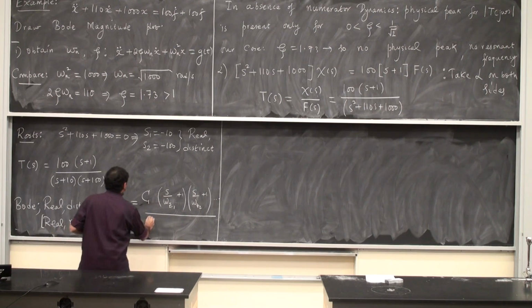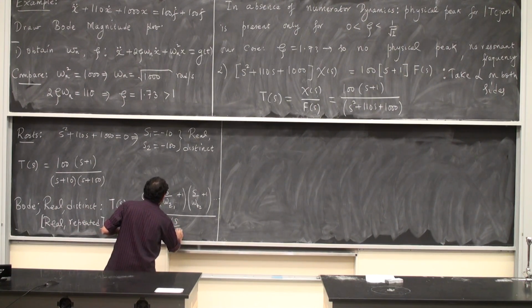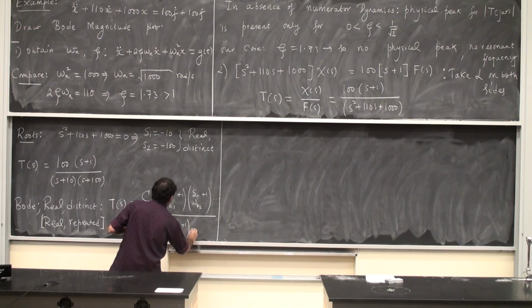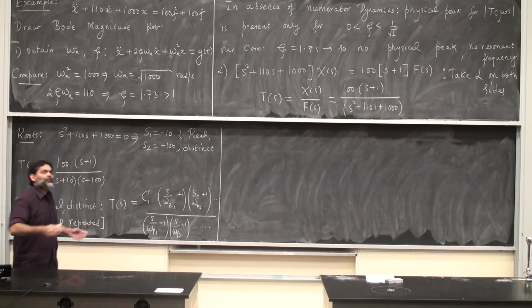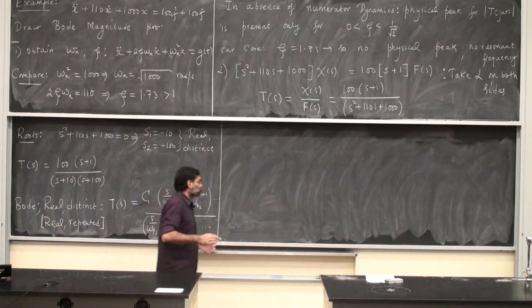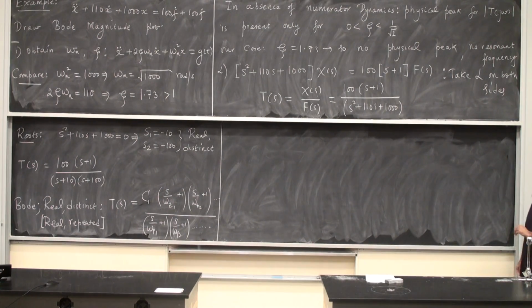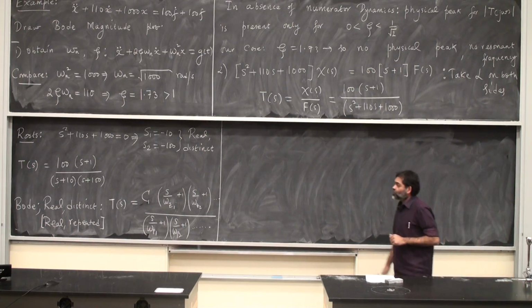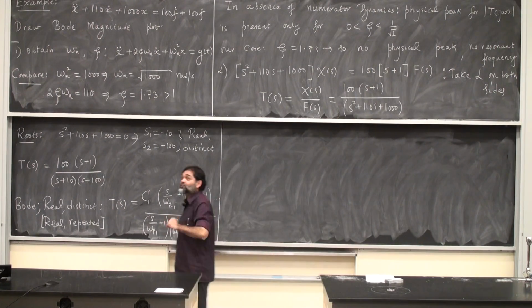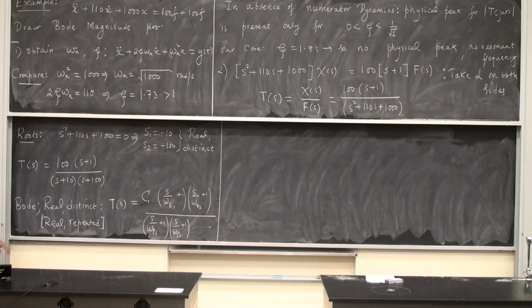And then divided by (S by omega P1 plus 1) times (S by omega P2 plus 1). If you have a third order system, you will have 3 real and distinct roots, and so on for a fourth order. We typically stop at second order analysis in this course. So this is the standard form. You always want to write your transfer function in this particular form if you are drawing the Bode magnitude plots.